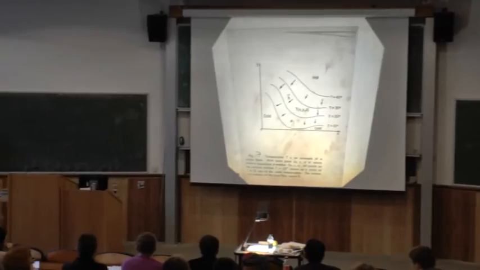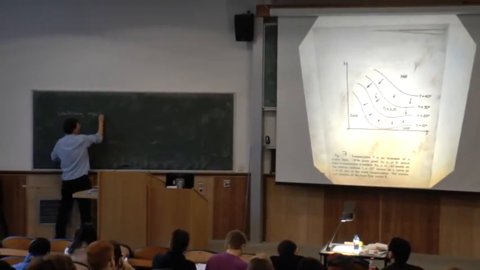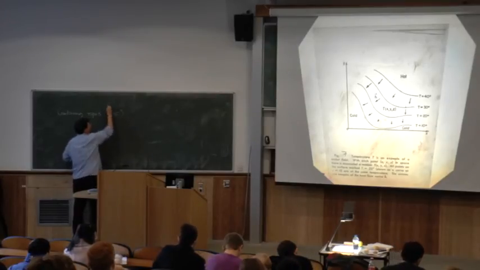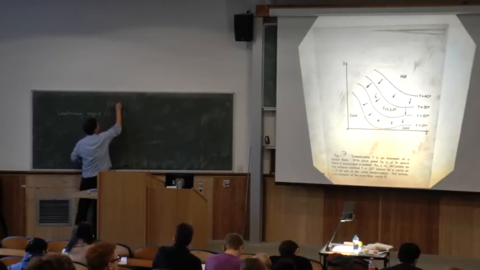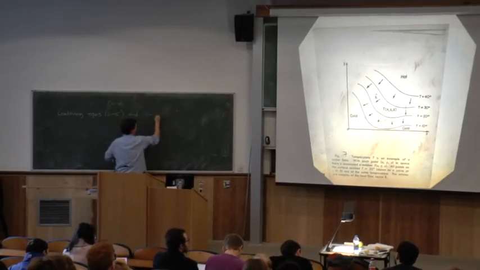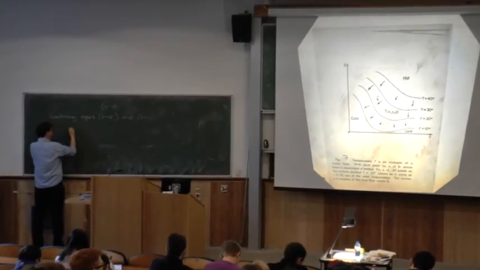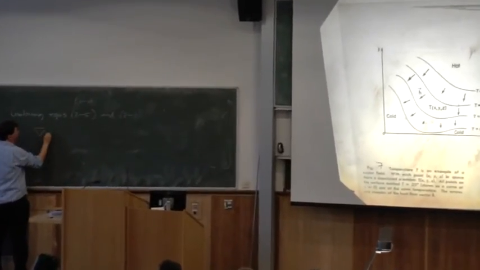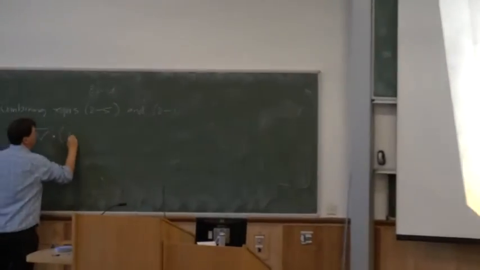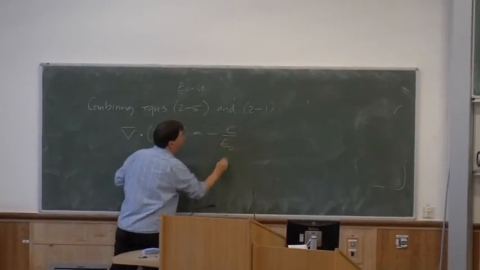So combining equation 2.5, which is E is minus del phi, and 2.1, the first Maxwell equation, we have that the divergence of del phi is minus rho over epsilon naught.